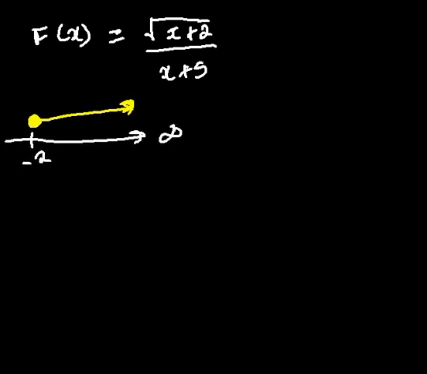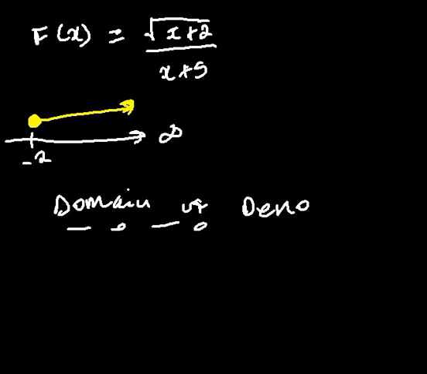And we should now calculate the domain of the denominator. The denominator should not be equal to 0. Hence x plus 5 should not be equal to 0.